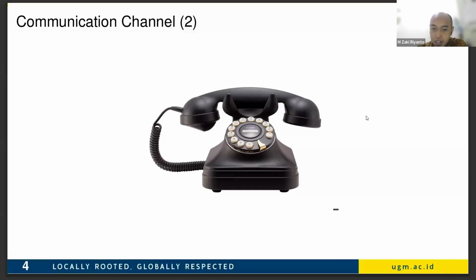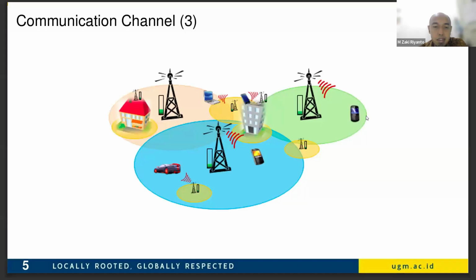And then we came to know about the telephone and then the cellular network.